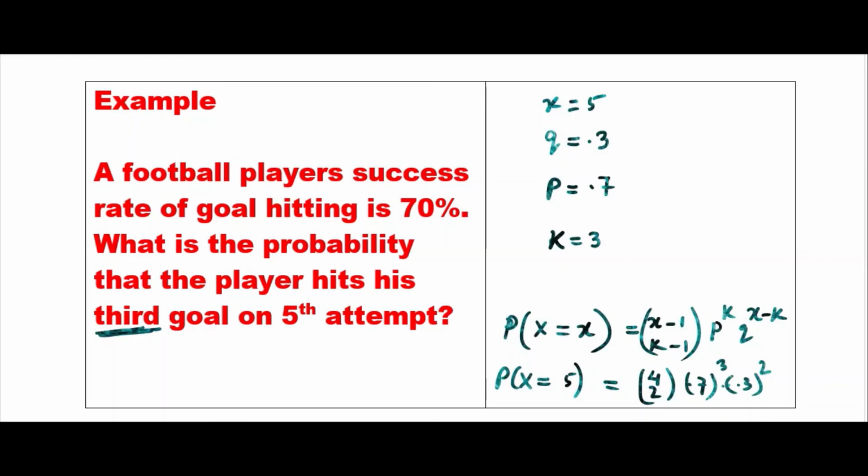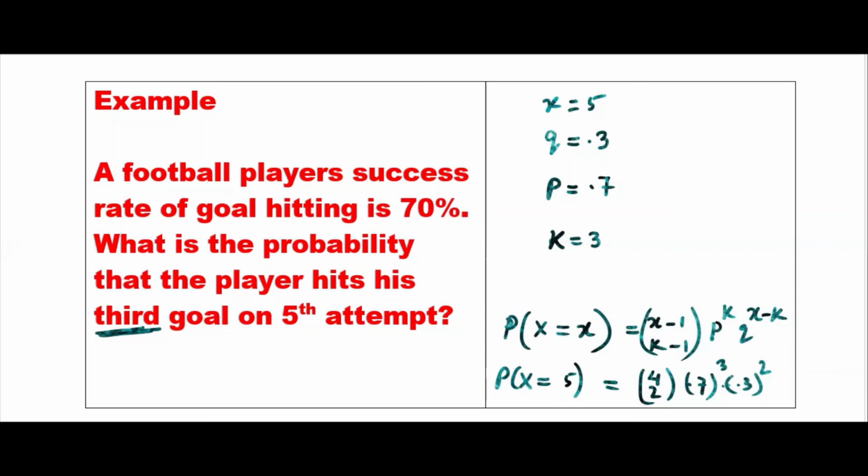So this is the question. Can you tell me a similar question? When we talk about more than one success, one success means it's geometric. We are talking about more than one success here. You tell me an example where the more than one success concept will come.